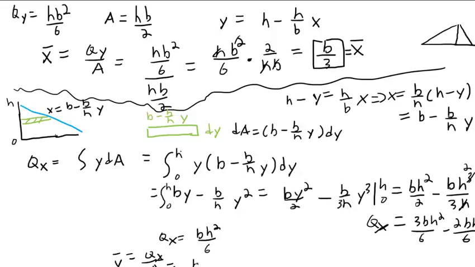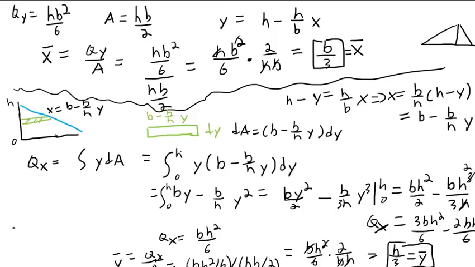So this is bh squared over 6 divided by hb over 2, which equals bh squared over 6 times 2 over bh, boom, boom, boom, boom, and I get finally h over 3 for the y bar.